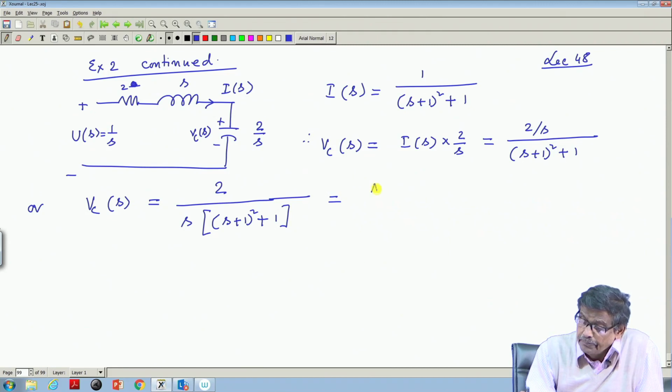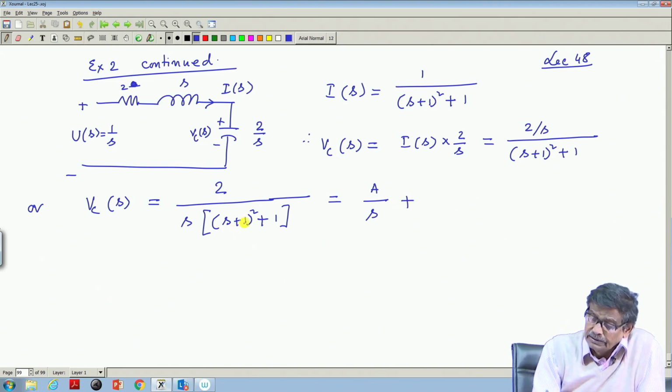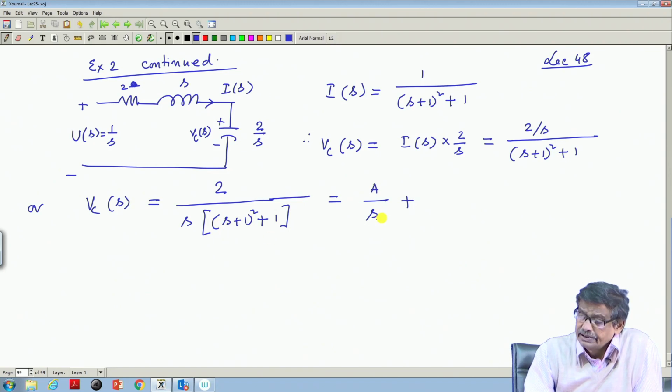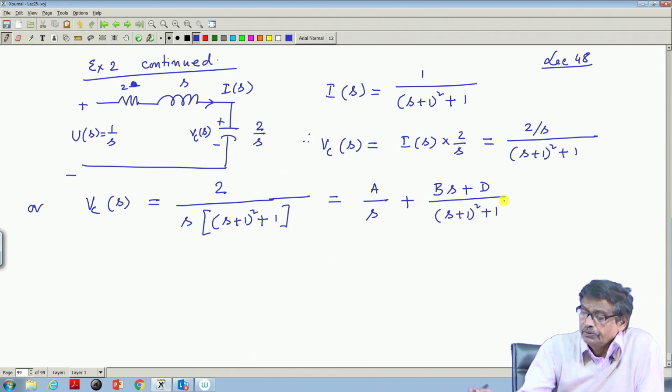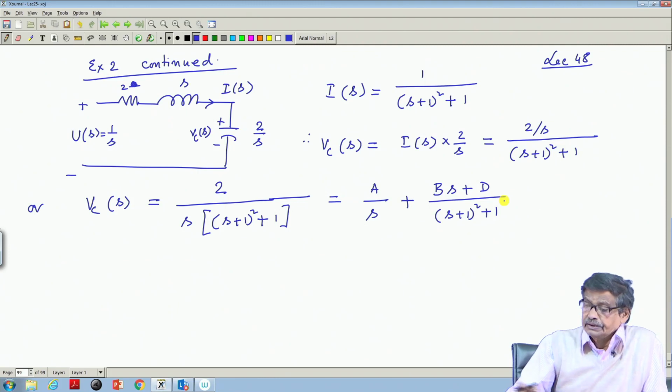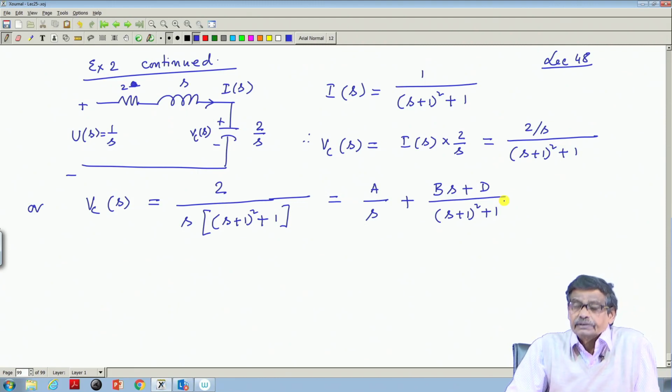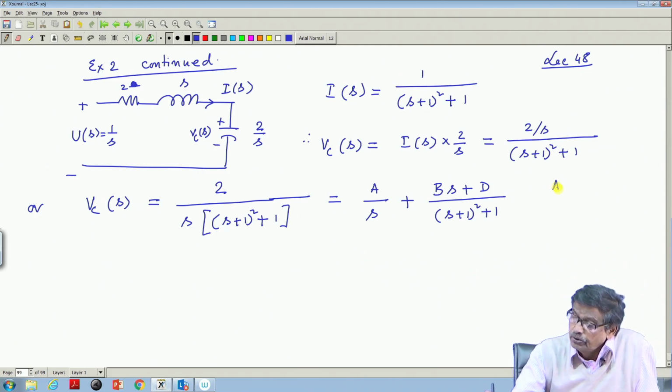This will be A by s plus, on the denominator since the square term is there, the standard form will be Bs plus D divided by (s plus 1) whole square plus 1. This will be the description in partial fraction. A, B, D are to be determined.